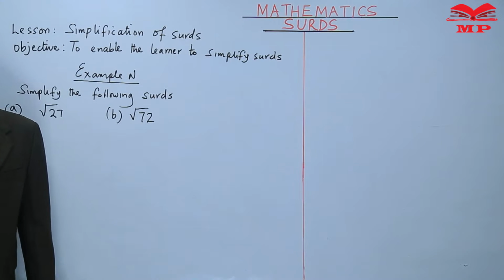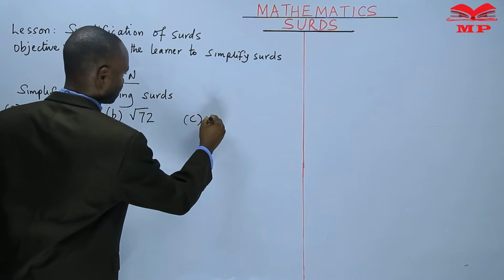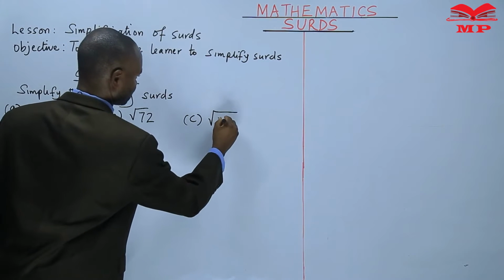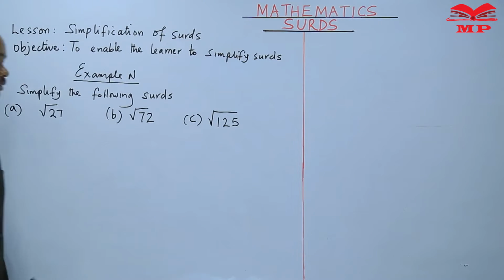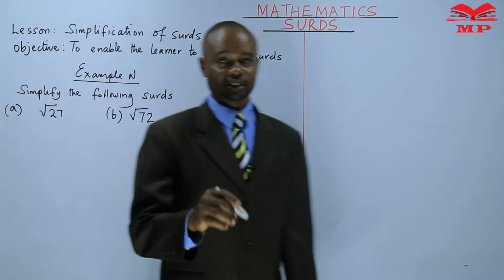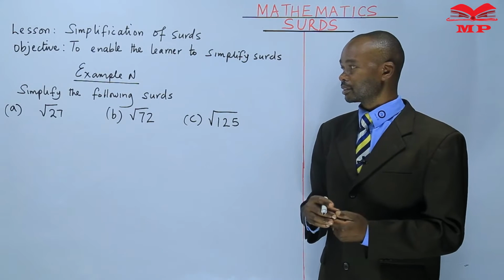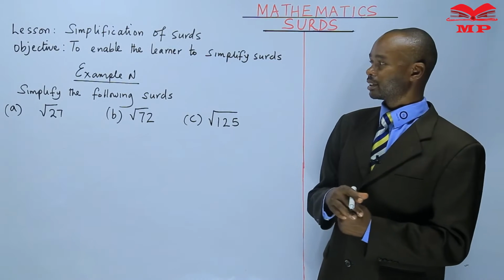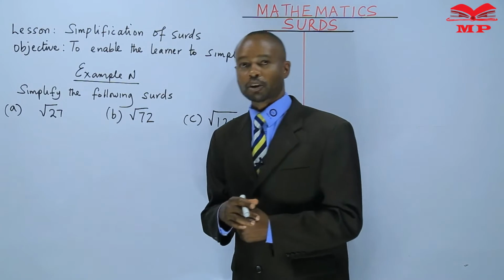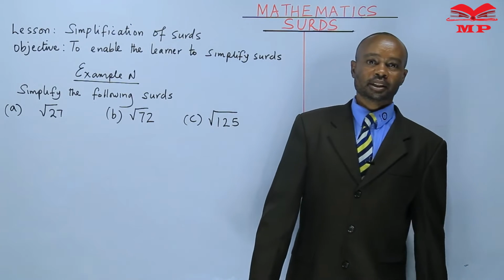And lastly, we have square root of 125. So learner, we learned in the previous lesson, surds do not have a perfect root. Like square root of 27, there's no whole number that can be the square root of that. That's why all of them qualify to be surds.